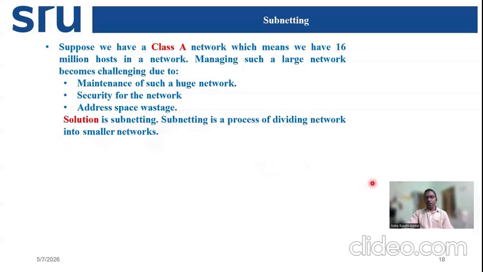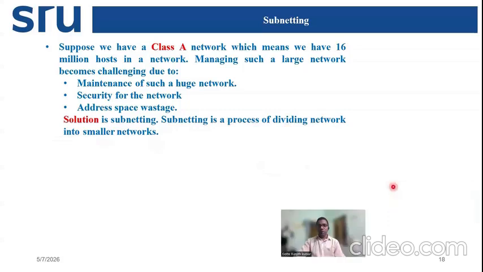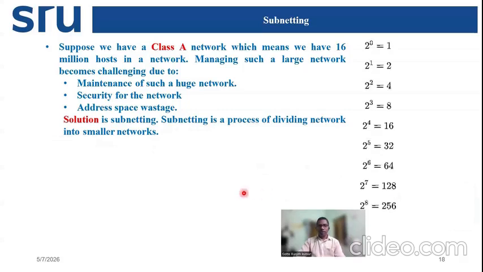While dividing the network into smaller networks, we have to divide it into 2 power something. Let us take the host address. From the host part, if you consider 0 bits, meaning no bits, 2 power 0 means there will be only one network.